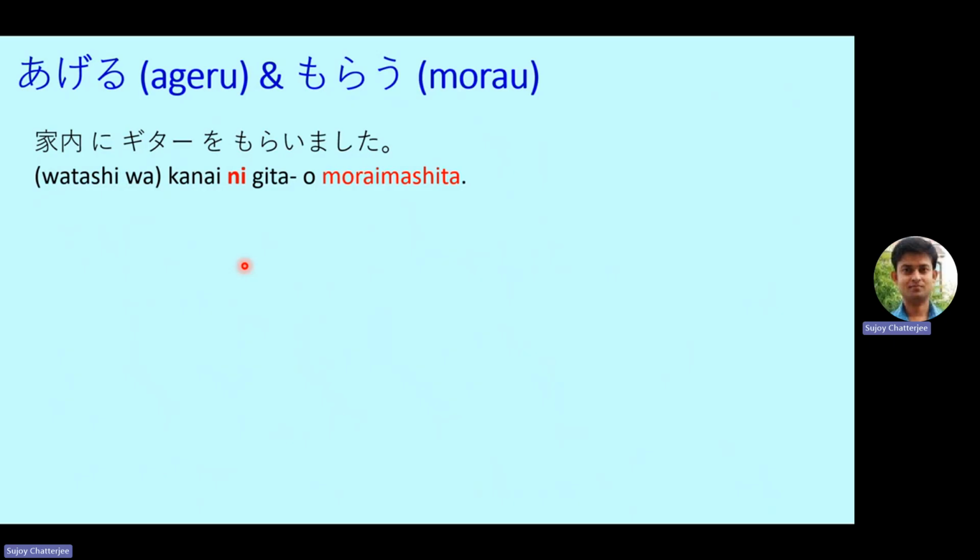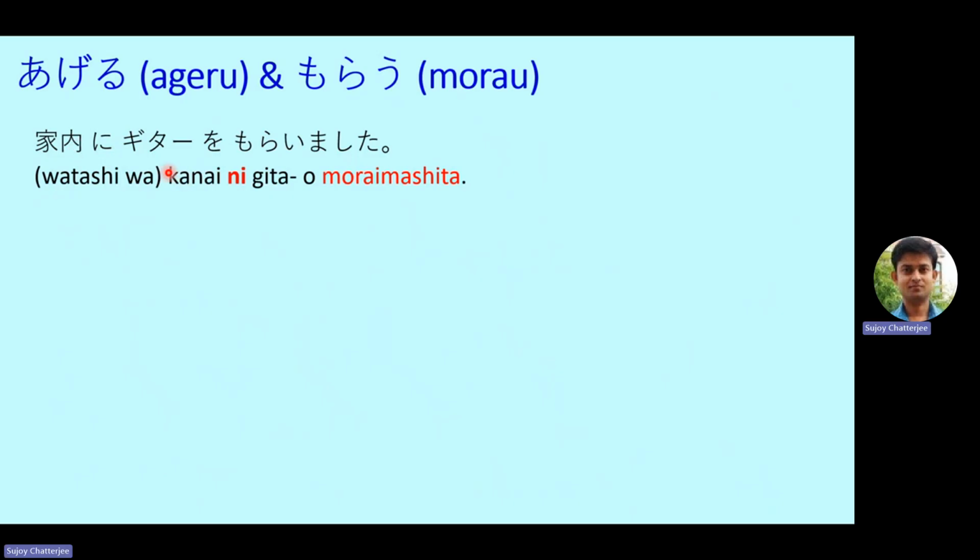This example is kanai ni gita o moraimashita. In Japanese, as in other languages, we need not always say watashi wa. If we do not say anything, then it is implied that you are talking about yourself. So you are the subject here, although it is not mentioned; it's only written kanai ni gita.